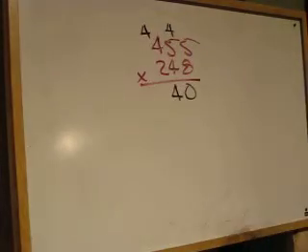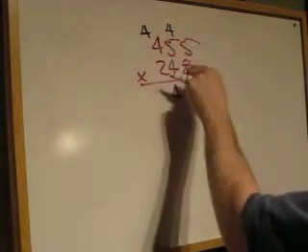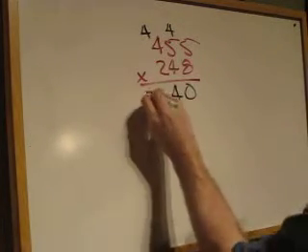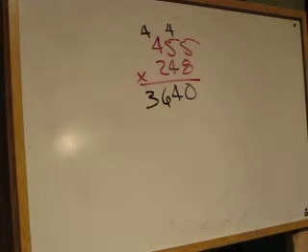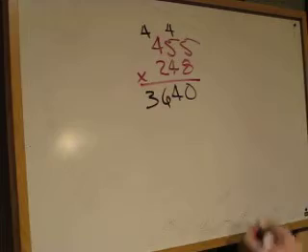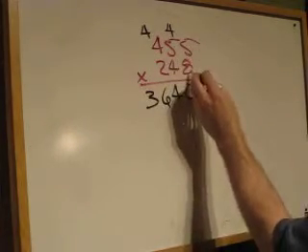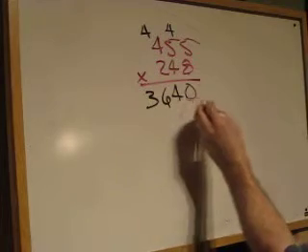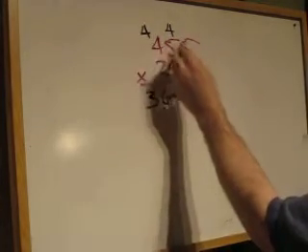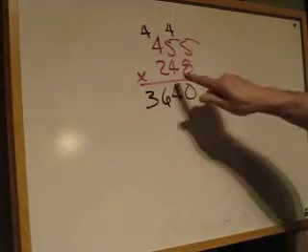Carry the first one, the 4, and the 44. 4 times 8 is 32. Add the 4 is 36. Notice I still have my columns there. My columns must remain. So now I've multiplied 455 times 8. 3640.